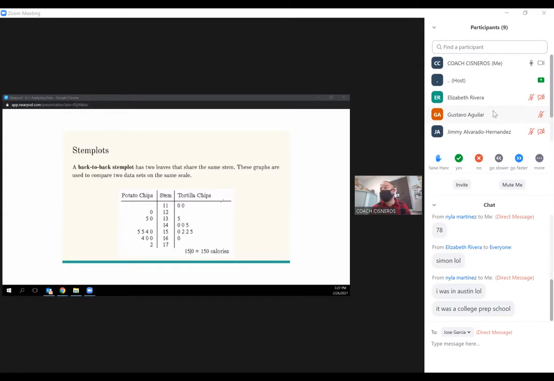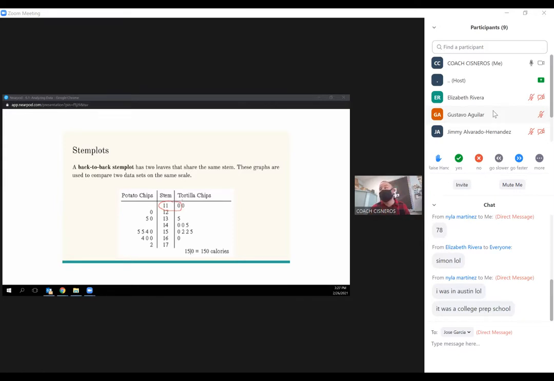What is the lowest number on this chart? Anybody? Zero? Not 0. What is this number? This is 110.